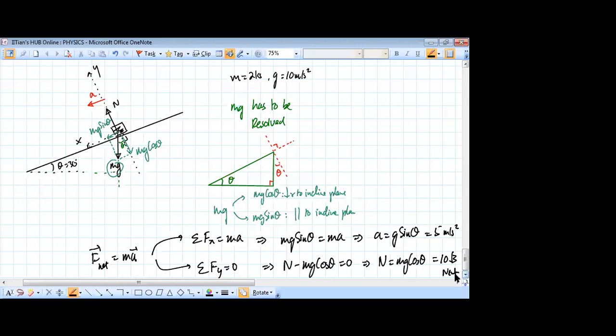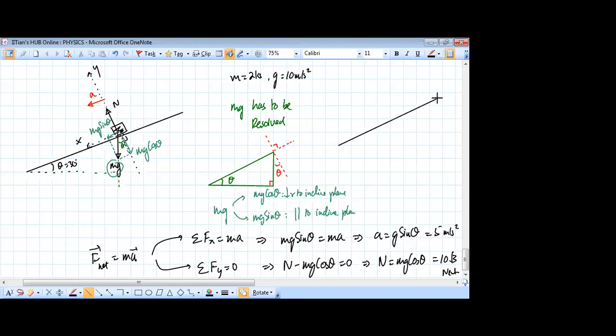Okay. So this is a very standard thing we should understand: whenever we have a body on an inclined plane, we can resolve the weight into two components, one along the inclined plane and one perpendicularly into the inclined plane. I'm once again emphasizing this resolution is very important.